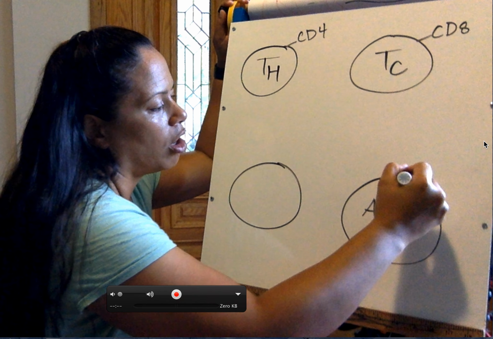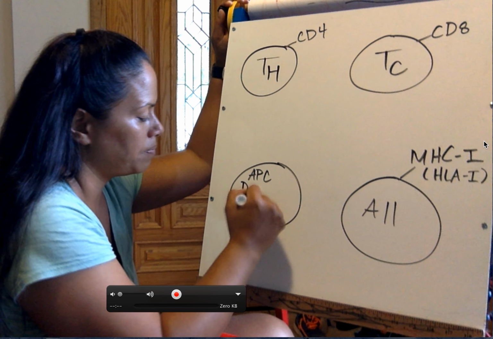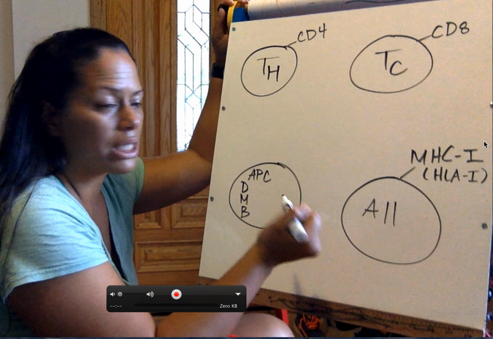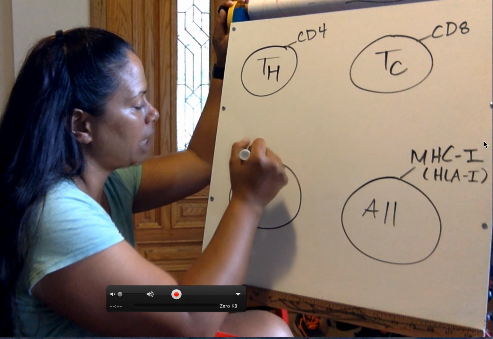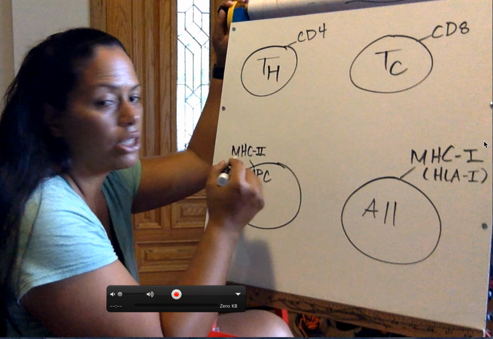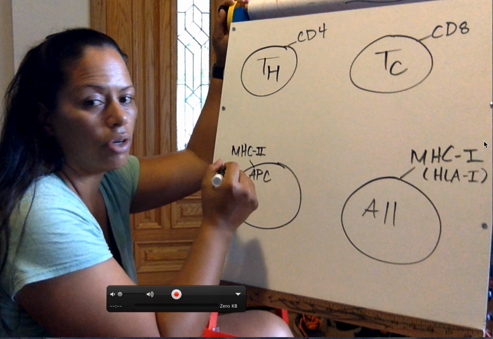And then we have this thing called antigen presenting cells, and antigen presenting cells are a little bit different. There are 3 that present, and they have a tag on them called MHC class 2. Same thing in medicine, it's called HLA type 2.